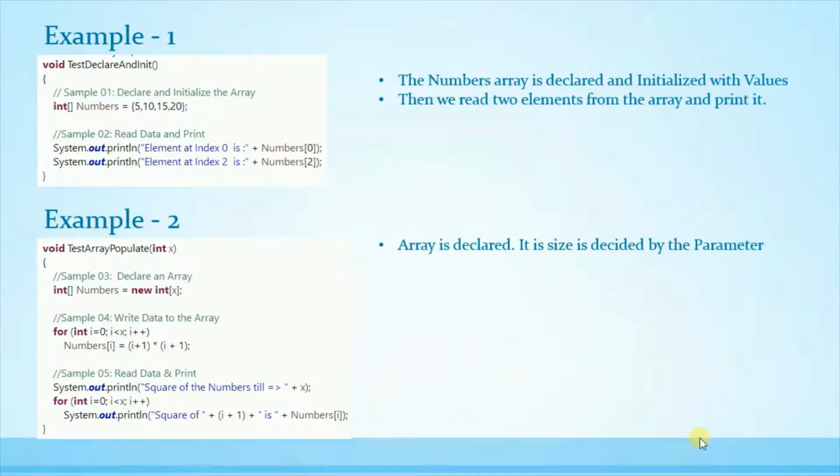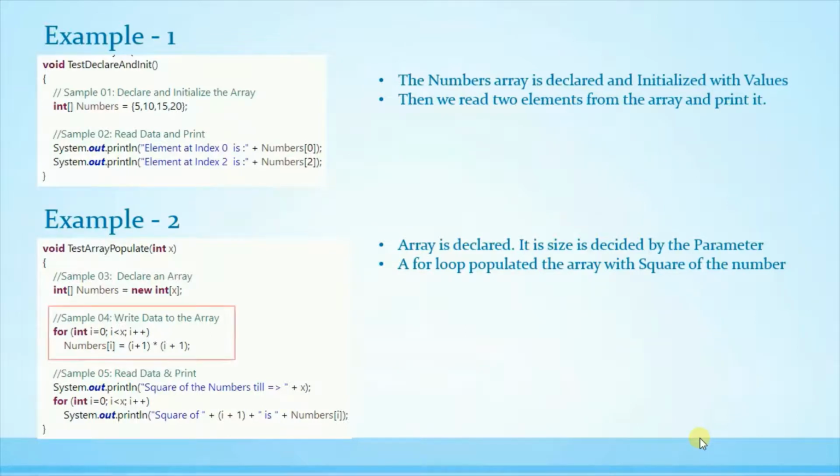So if the calling code calls test array populate, and passes 10, then we are declaring an array of 10 integers. So it is decided at runtime. After the array is declared and the size is decided, we know that it will hold 0 in all elements. So we have to initialize those.